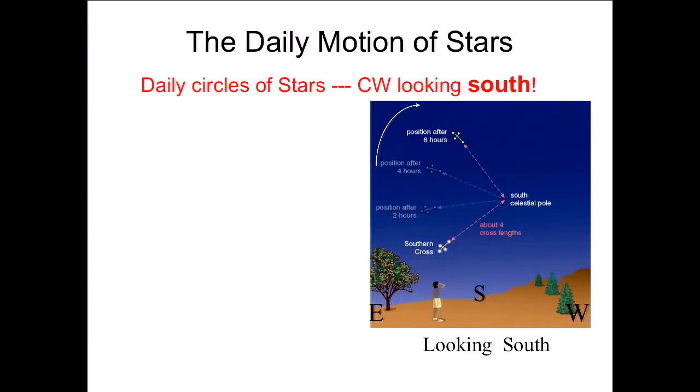You can play the same game as if you're standing looking due south. Here's a person looking toward the south. There's south. And this person, to make life harder, is in the southern hemisphere. So here's somebody in the southern hemisphere looking at the south celestial pole.